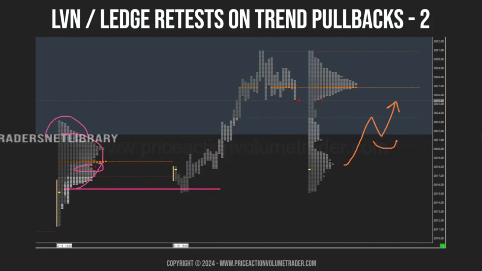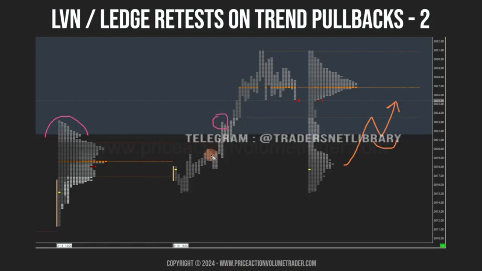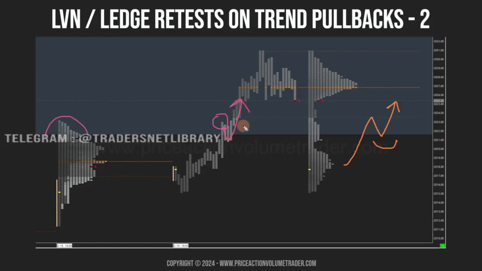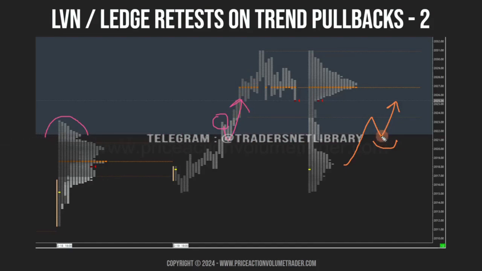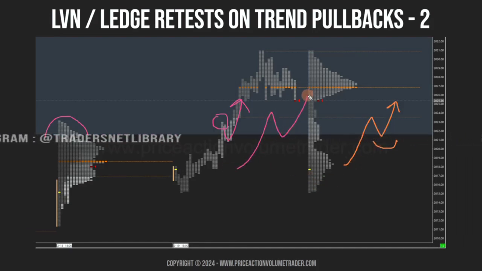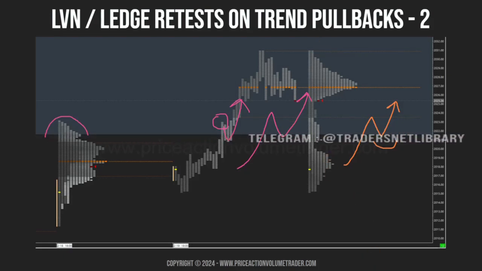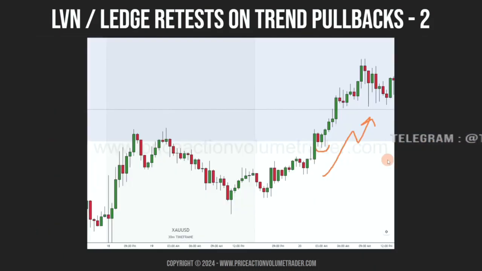We keep pushing up, and then right here you can see that we accept back inside, come back, retest, and then reclaim back into the value area. So then we have what we have here. We're pushing in, we're holding a retest of the bottom area, and we're expecting continuation into the upside.